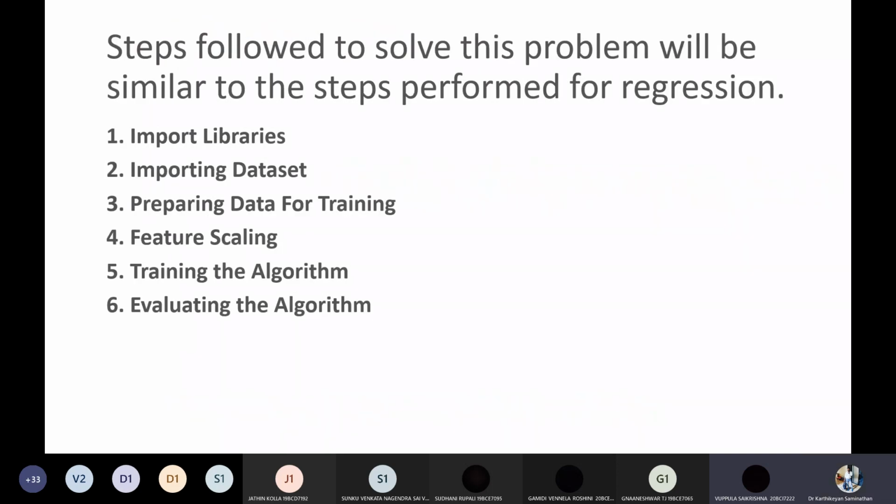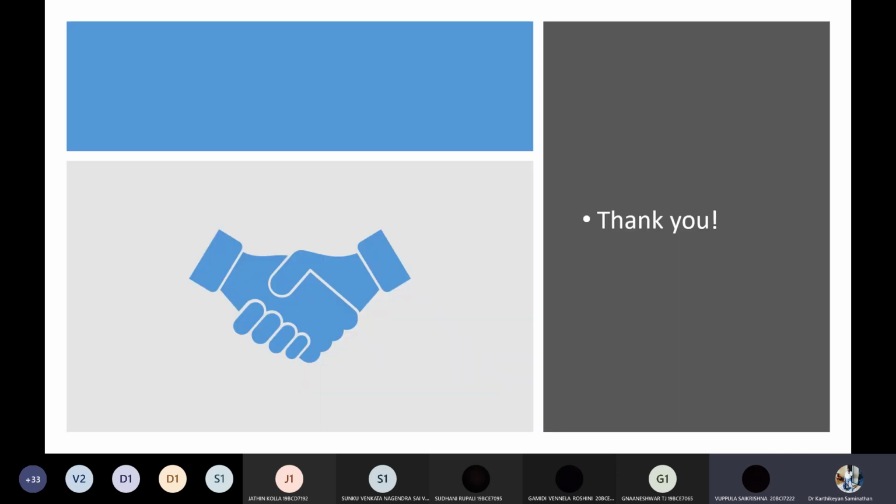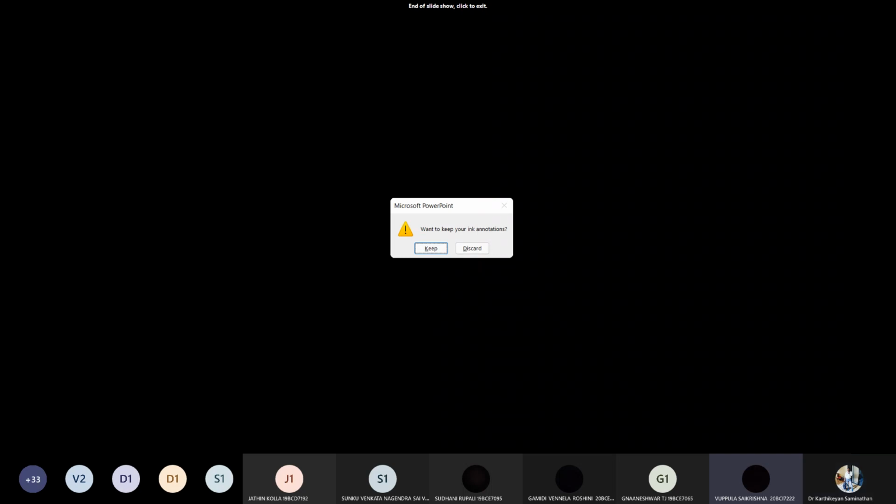So these are the steps: import the library first, import the data set, prepare the data for training, feature selection and scaling, train the algorithm, evaluate the algorithm. So this is how random forest and ensemble learning algorithms work.